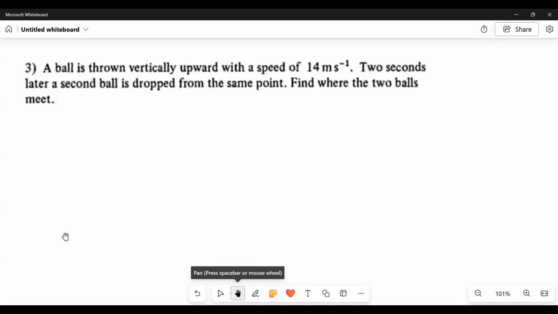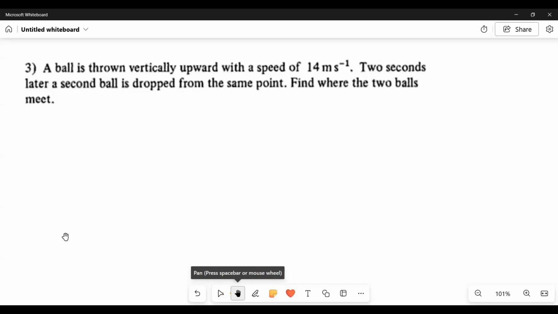So they're saying that one ball is thrown vertically upward with a speed of 14 meters per second. 2 seconds later, another ball is dropped from the same point. So one is pelted upward, and the other one is dropped from that point. They want to find where the two balls meet.